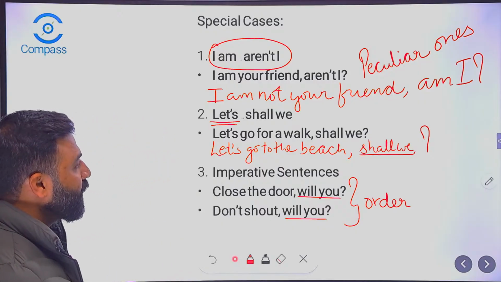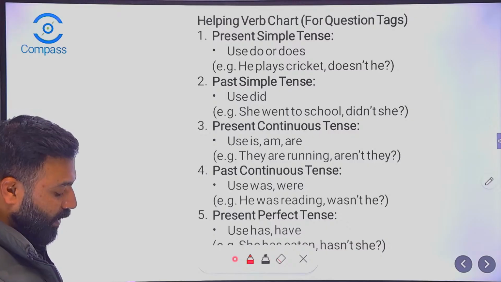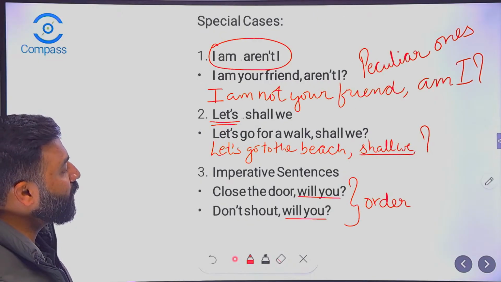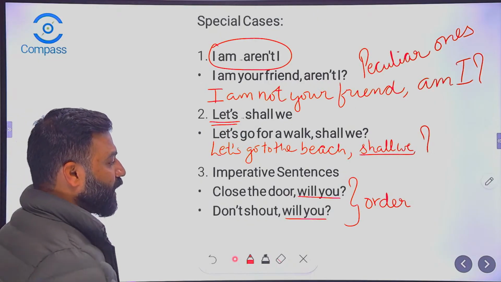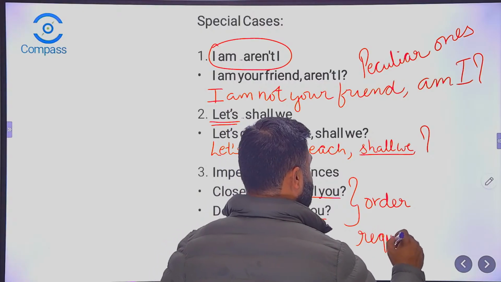Okay, next slide. Let's see, what do we have in store? Before we talk about this, I want to explain one more thing. Let's go back to the previous slide. Now, if it is a request, what will you use?